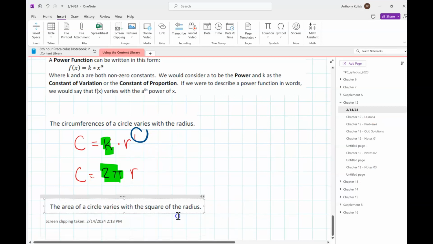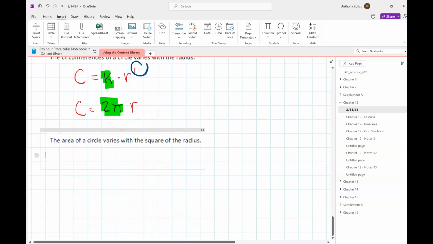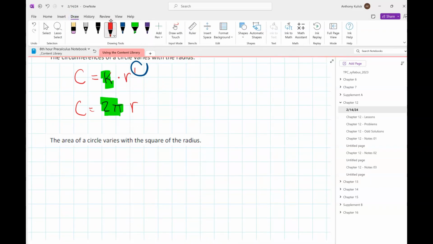Sometimes the words are the hardest part for us in math class. Here it says the area of a circle varies with the square of the radius. So area varies with the square of the radius. Should be like that, right? Everybody's okay? Now, from geometry, who remembers what the K has to be here?